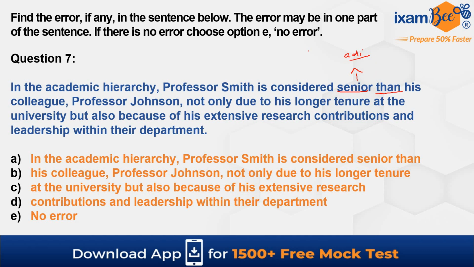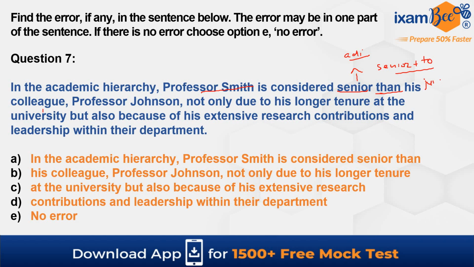We are calling Professor Smith senior than his colleague. That means Professor Smith and his colleague are being compared in terms of seniority or juniority, right? So with an adjective like senior, you use the preposition to here, not then, right? So with senior, you have to use to.